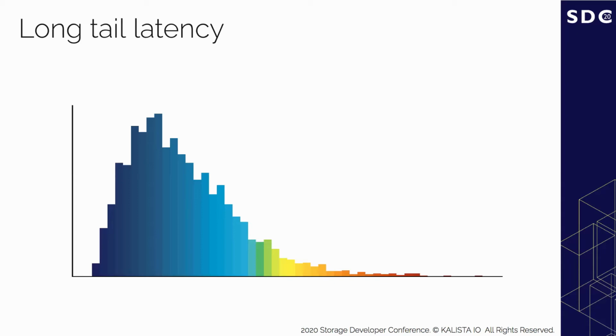If each user request is dispatched to 100 such servers in parallel, then approximately 63% of requests will take more than 1 second. For the mathematically curious, the 63% comes from 1 minus 0.99 to the 100th power.